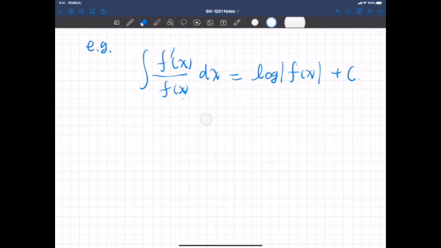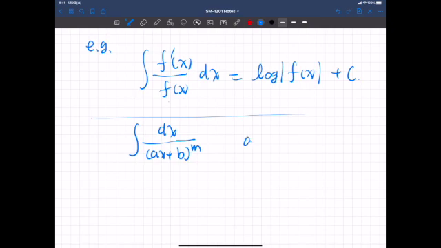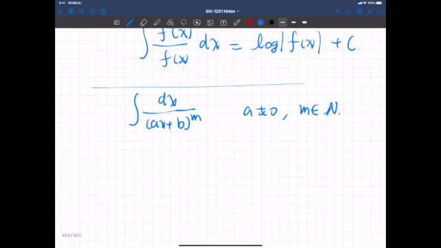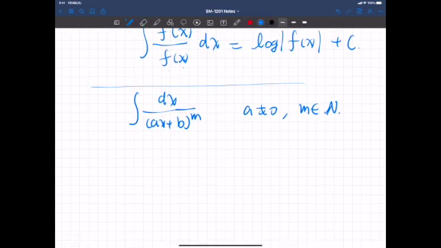Next, consider calculating the indefinite integral of this function, where a is not 0 and m is a natural number. Okay, so let's substitute this part, ax plus b, as z. Then we have dx over dz equals 1 over a.